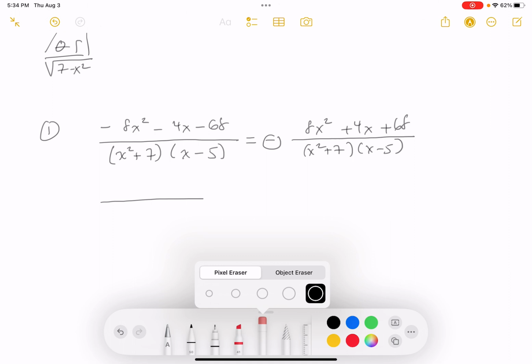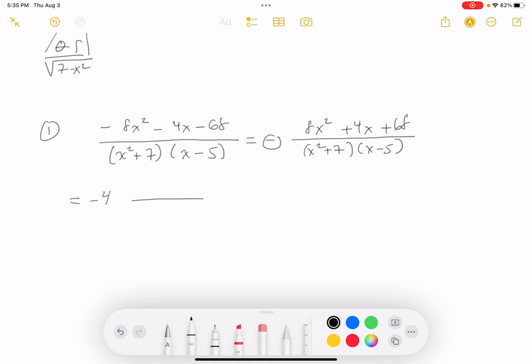So really what I'm trying to do is, I'll get to that later, by the way. I'm just looking to do this guy over here, which is going to be 8, whoops, I did it again. You know, I'm going to go one better on you. I'm going to factor out minus 4.